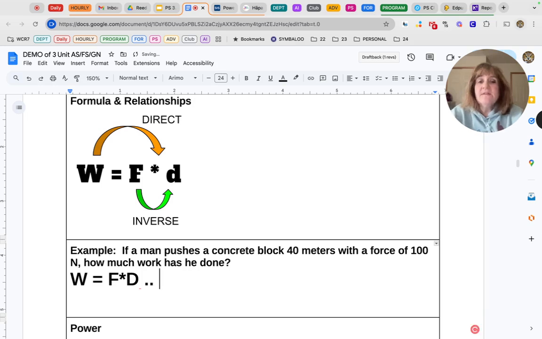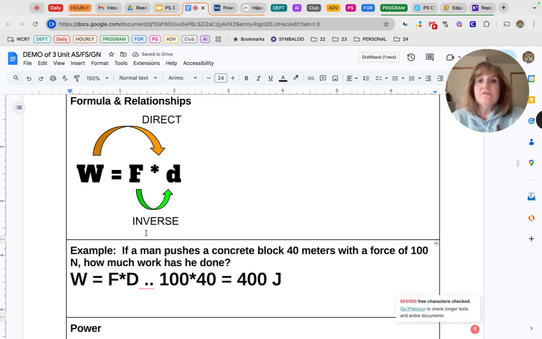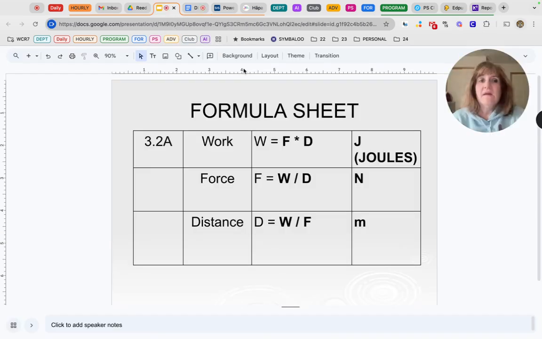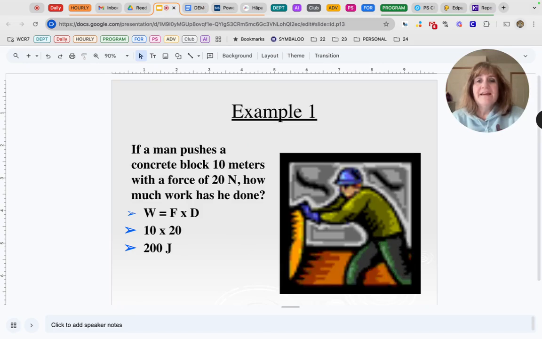The force given in the problem was 100 newtons times a distance of 40 meters will be 400 joules of work. Again, if a man pushes a concrete block 10 meters with a force of 20 newtons, how much work has he done? Work is equal to force times distance. 20 times 10 is 200 joules.